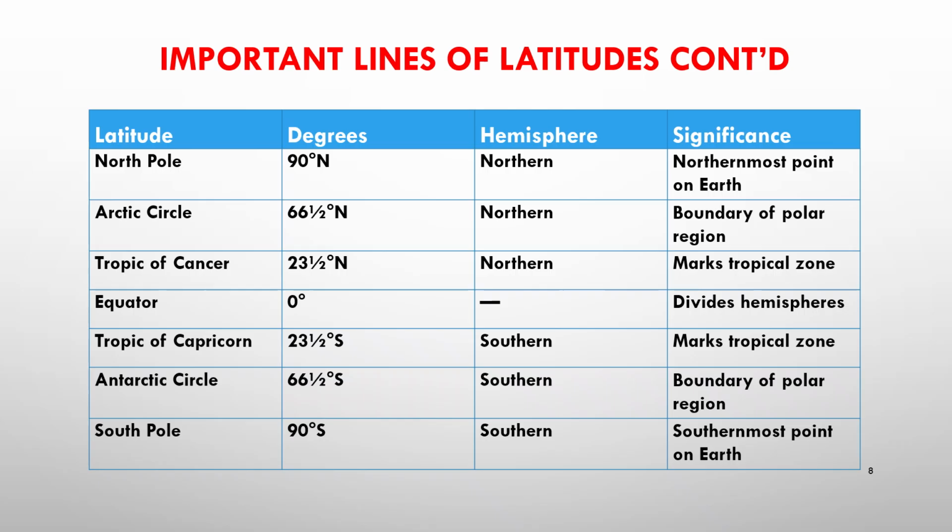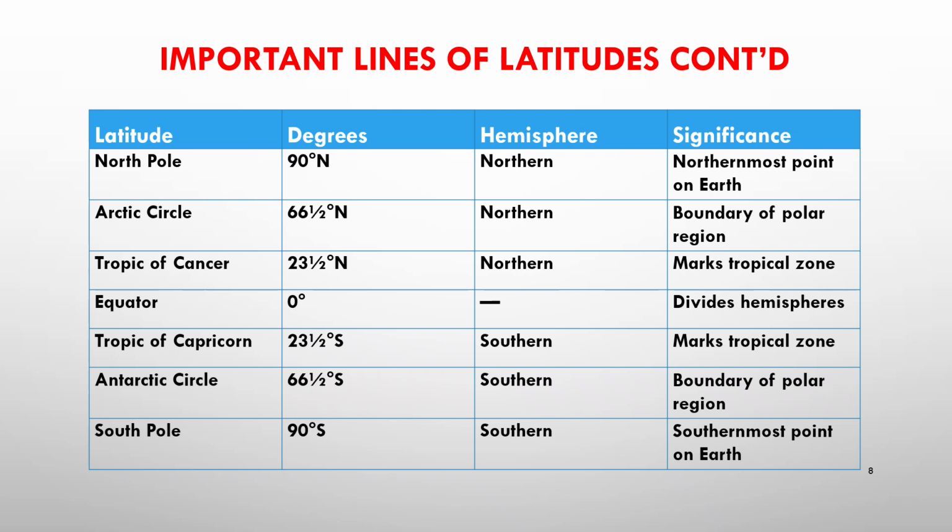It is a boundary for extreme seasonal daylight variation. Then the last here is the South Pole, 90 degrees south, which marks the southernmost point on Earth. So, like the North Pole, all the meridians converge here. It is a place of extreme cold and ice.